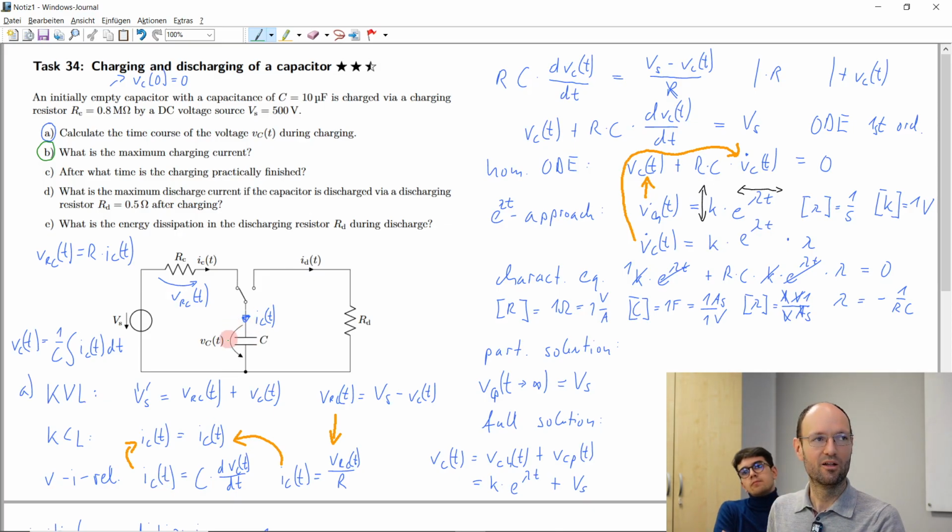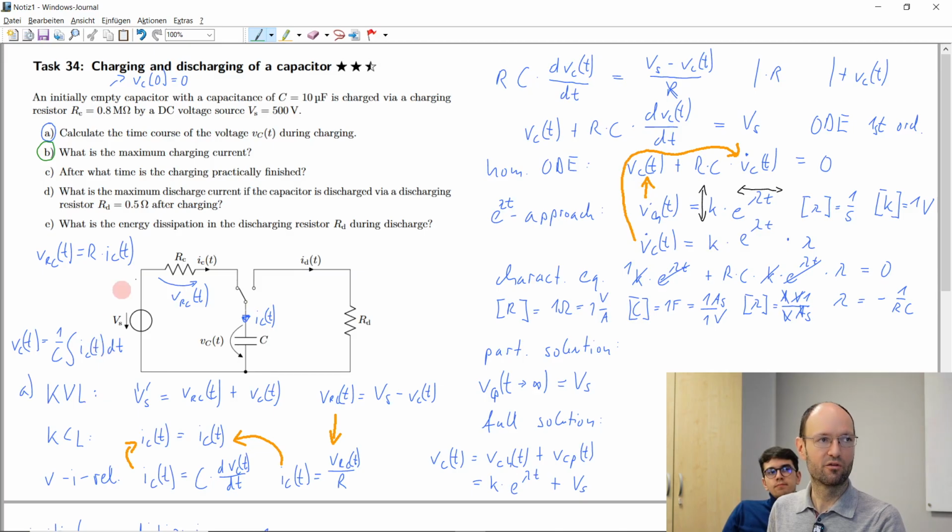So for a short moment, this voltage here still needs to be 0, but the voltage of the source needs to go somewhere. So the voltage of the source will go to the resistor. And if we have a voltage across the resistor, we will have a current.